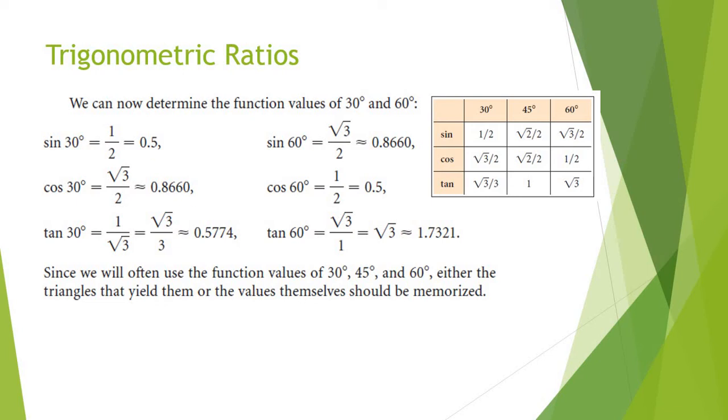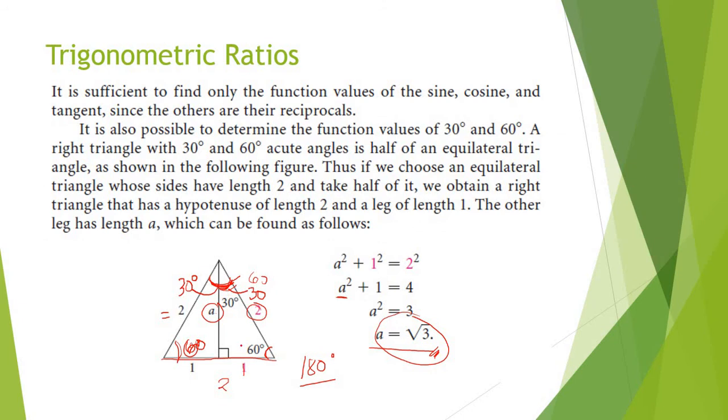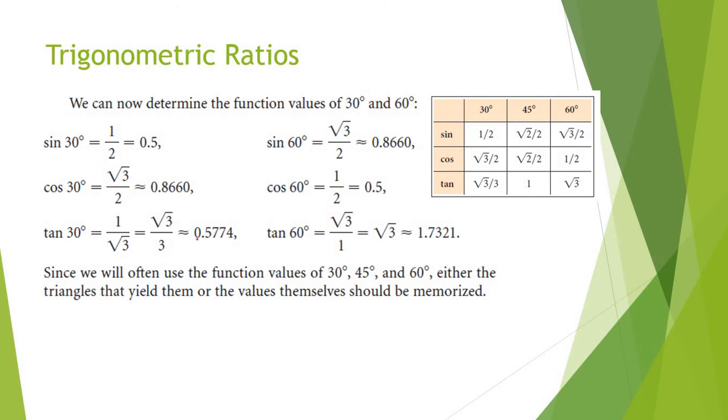Take note that the opposite of 30 degrees is 1, the adjacent is square root of 3, and the hypotenuse is 2.